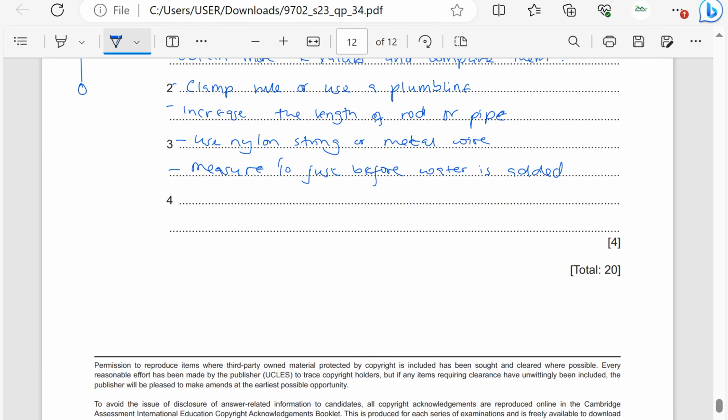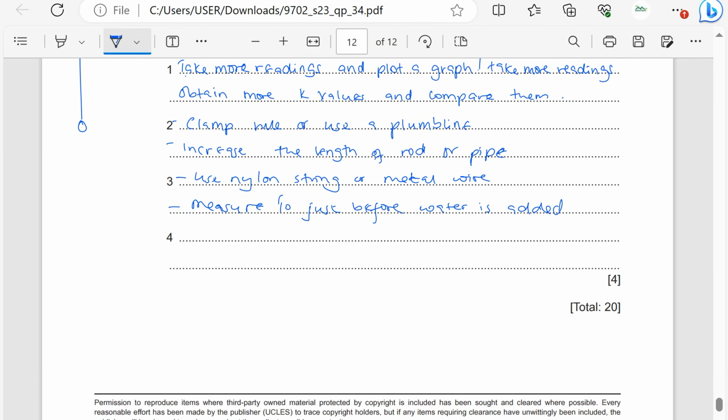So if you say it is difficult to measure L because the pipe is not straight, you could use a tape measure instead of a ruler. Instead of a tape measure, you could also use a string and a ruler. You put a string along the length of the pipe, then you transfer it onto the ruler.